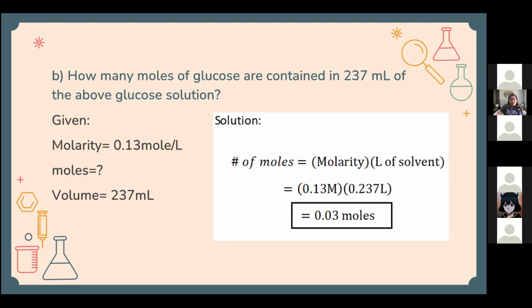Okay, let's check. Karugtong ito ng ating problem ha. So as you can see, ang hinahanap above glucose solution. And then we have computed for letter A that the molarity of the solution is 0.13 moles per liter, or simply capital letter M. Now, in this problem sa letter B, ilang moles daw ang meron kapag yung solution mo ay 237 ml.